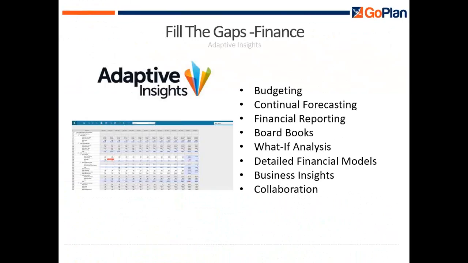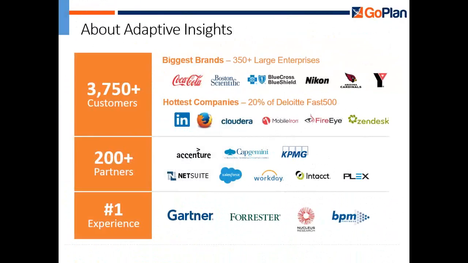So think of Adaptive Insights as kind of the end of a monthly process where you've managed your business, you've then used Blackline to close everything out, and now it's time to actually report on what you've done and plan for what you're going to do. That's where Adaptive comes into play. Adaptive is the largest cloud CPM provider on the market by a substantial portion, I think by like 3x.